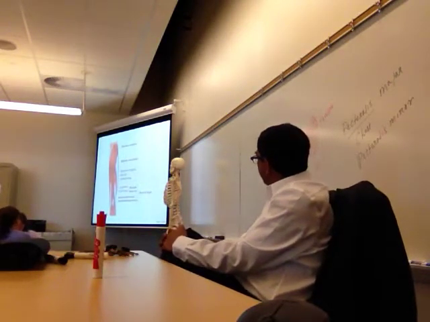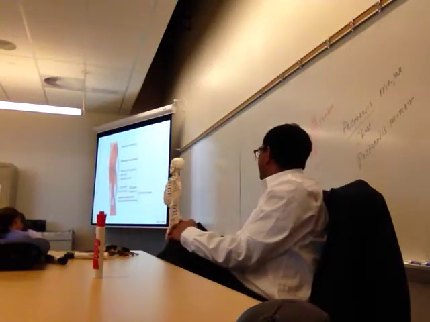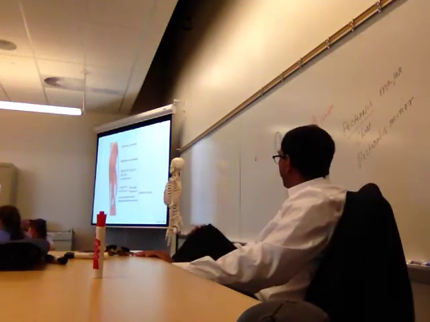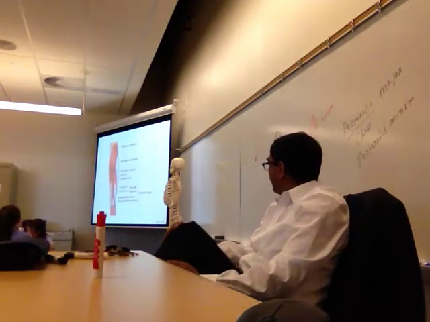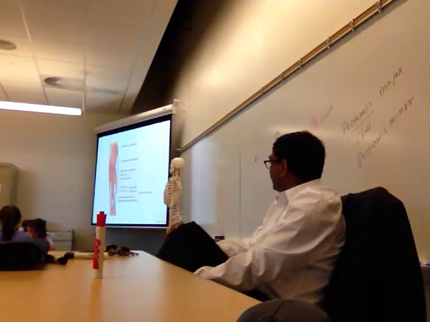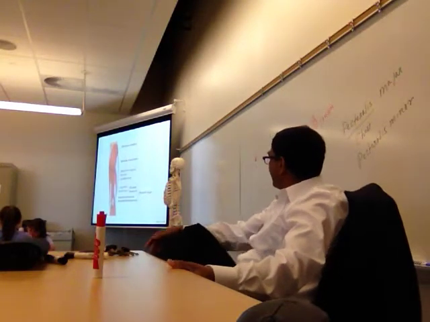Then you see the hamstring muscles. Biceps femoris, since it is biceps, has two heads, long head and short head, and semitendinosus and semimembranosus. Those three muscles together form the hamstring.